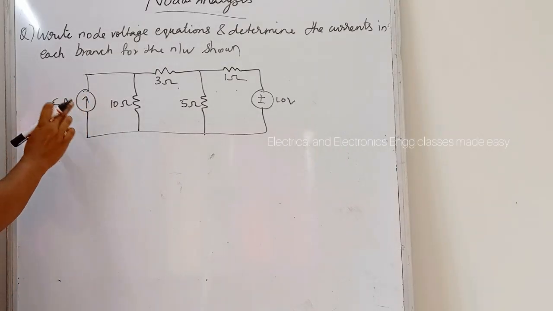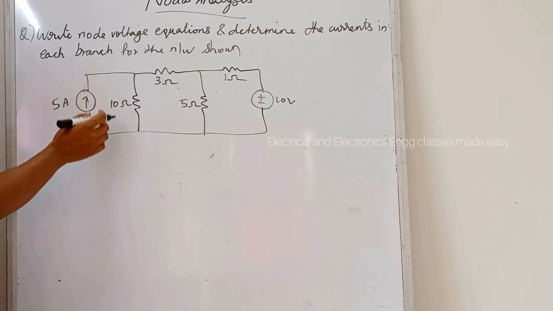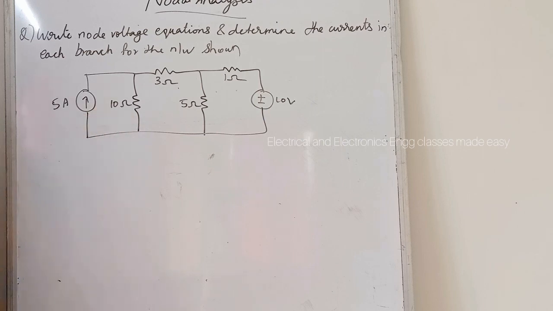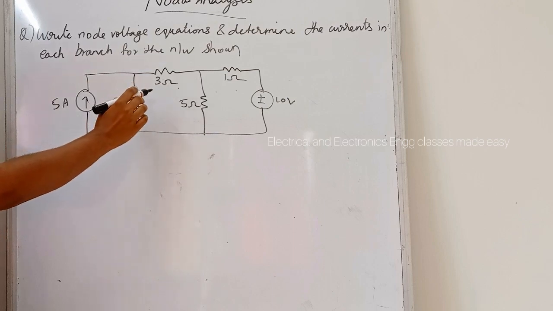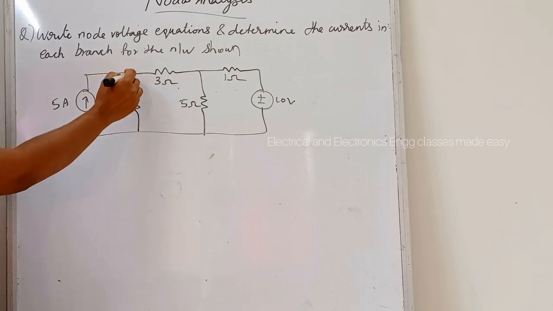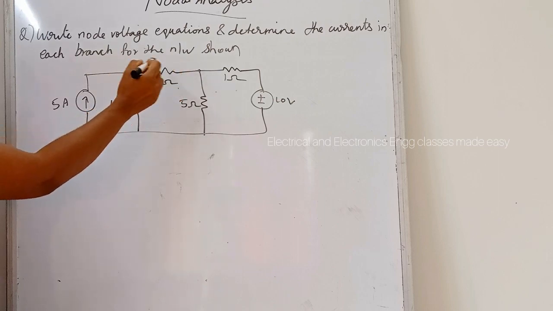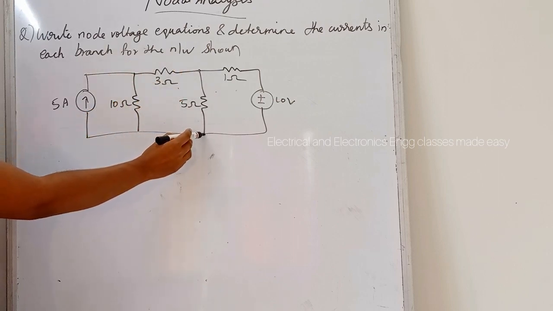Let us do a problem. Write node voltage equations and determine the currents in each branch for the network shown. So this is the given network. Our first step is to assign the nodes and voltages. This is one node, this is the second node, and this is the third node.